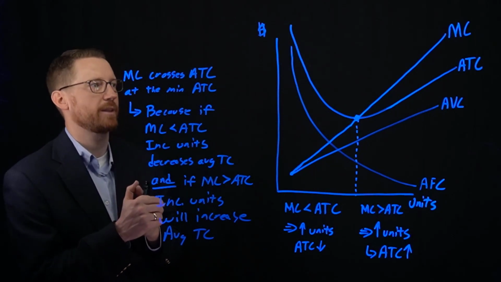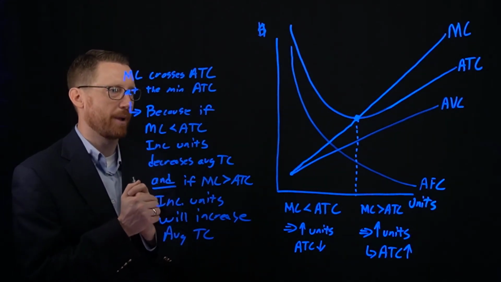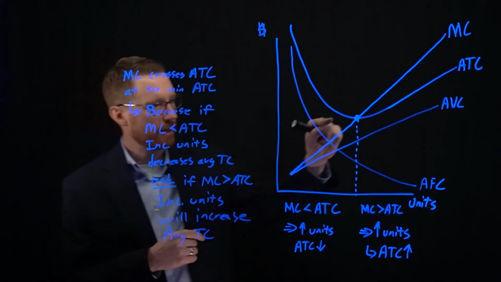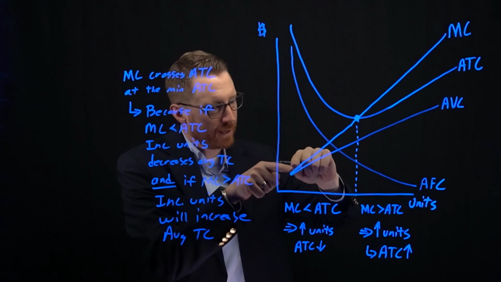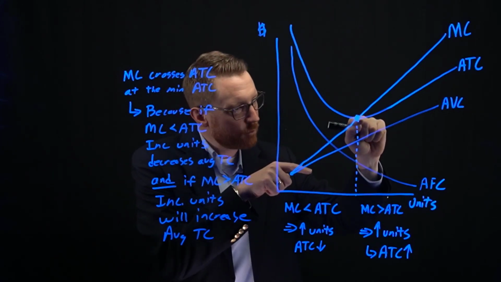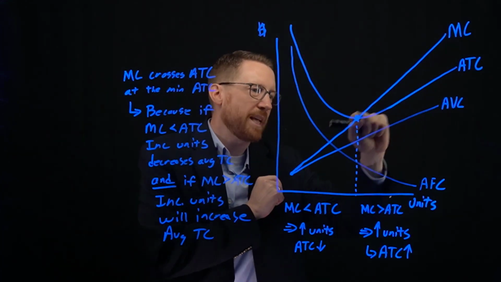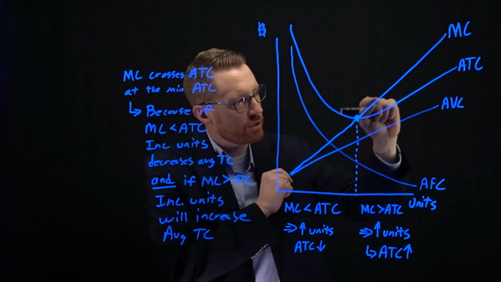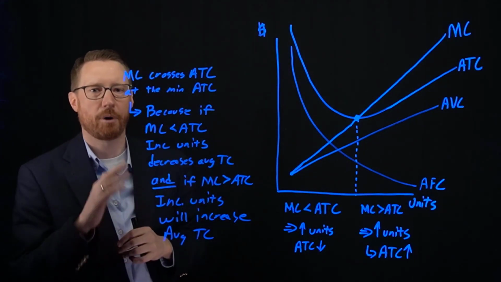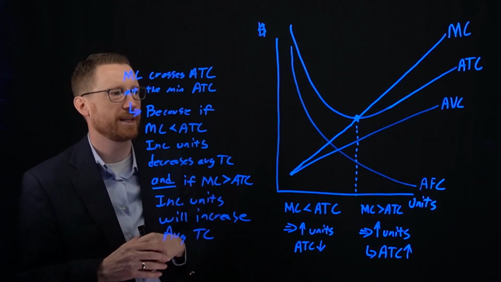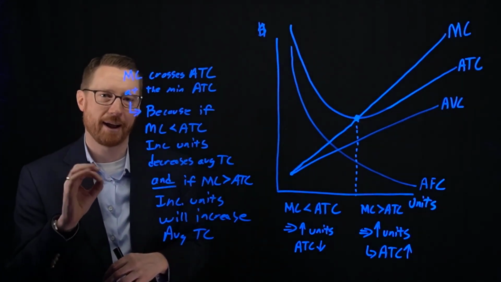It's got to be at the point where our average total cost is at the bottom, at its minimum. Because our marginal cost is below average total cost, all the way up until the point they're equal to each other, where they cross. And once we produce beyond that, now our marginal cost is greater than our average total cost. So we end up with a marginal cost curve crossing the average total cost curve at the minimum average total cost.